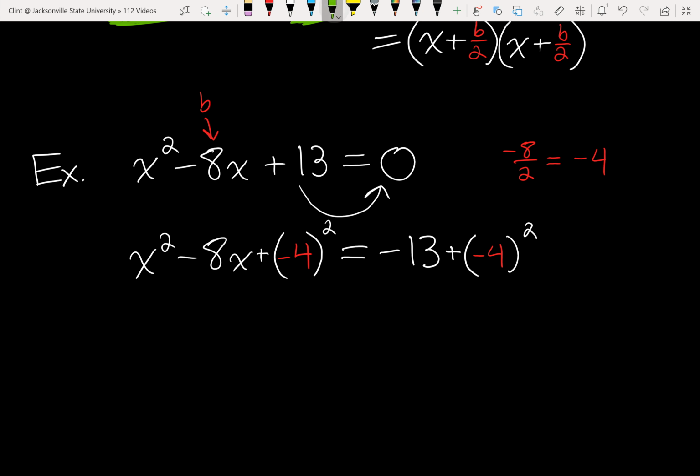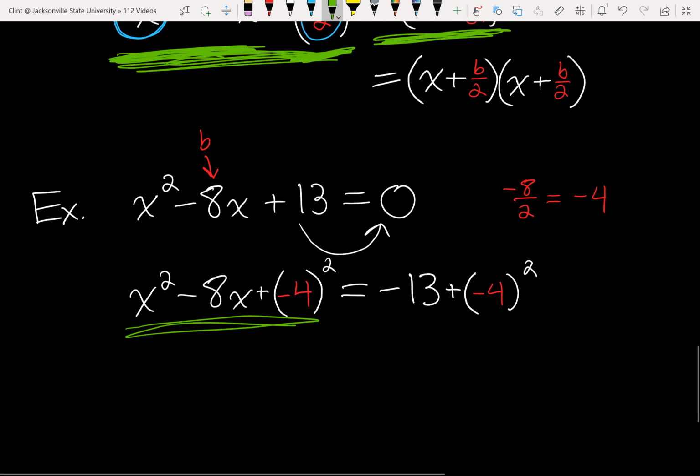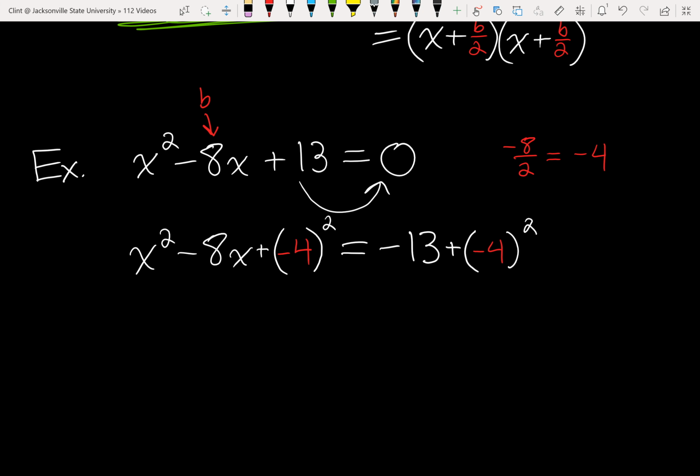So now our left side is written like the left side up here. So we know that that's going to factor, and the way it factors is easy. So we're going to factor the left side here. The way it factors is we take the square root of our first term, so that's x.